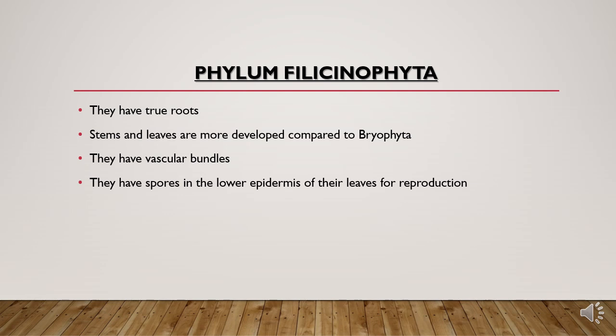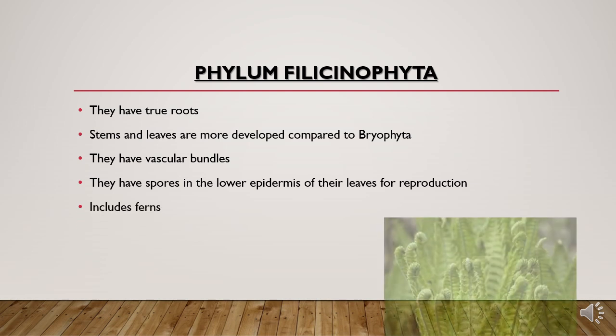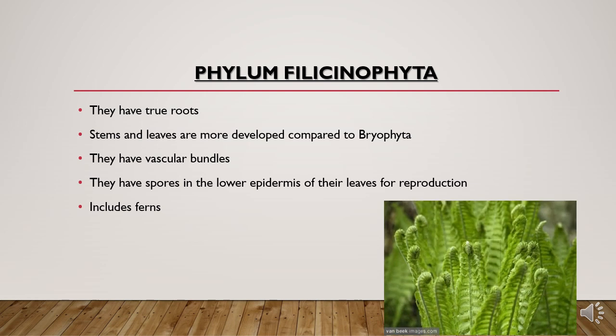They have spores in the lower epidermis of their leaves for reproduction, which includes ferns. This is an example of ferns, because these species actually have true roots, and stems and leaves which are more developed, unlike the Bryophyta.